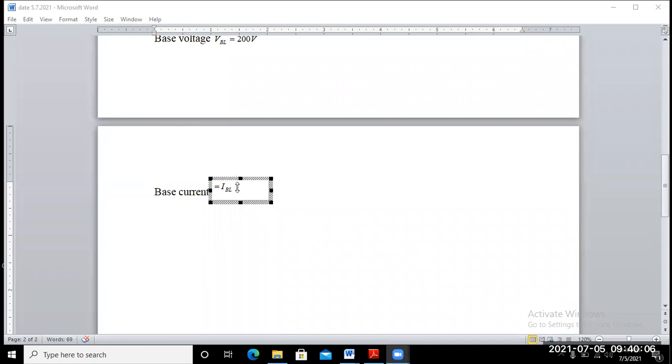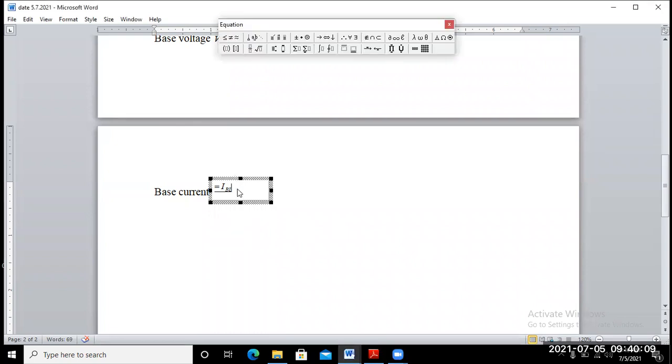So IBL equals 10,000 divided by 200, which equals 50 amperes.